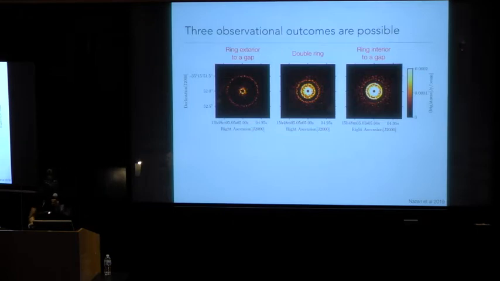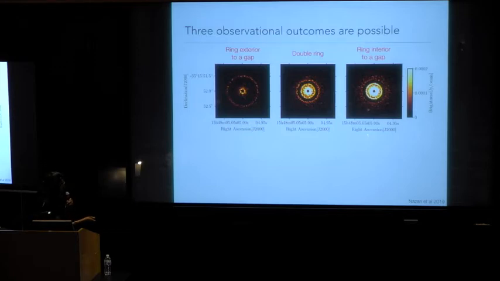So we took these simulations one step further to try and understand whether we could actually observe a migrating planet. This is some excellent work done by an undergraduate student in Cambridge, where she shows that there are 3 outcomes.